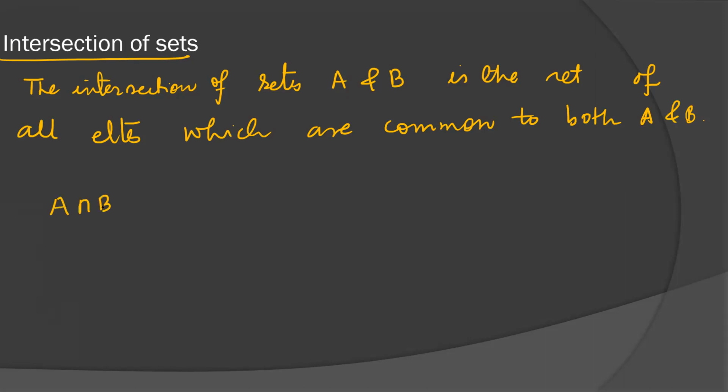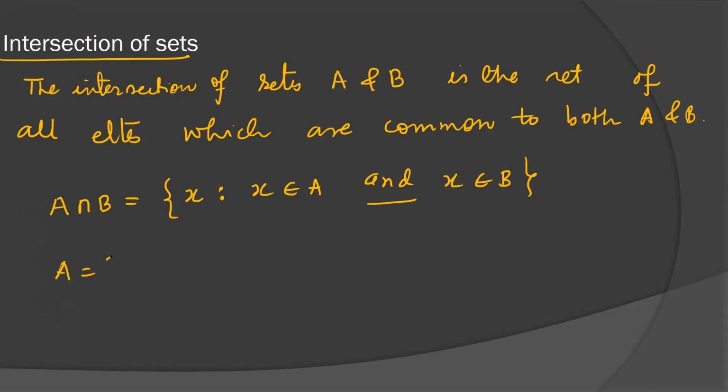A intersection B takes all the elements which belong to A and B also. But in the case of union, there is an OR in the definition. OR means if it is in either one, it will belong to the union of the sets.